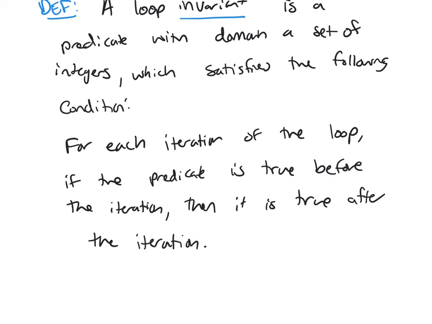So again, this idea kind of connects to induction. It connects to induction because you're saying if it's true for one value, then it's true for the next value. So in this case, we're talking about iterations instead of values, but if it's true for this one, then it's true for the next one. All right, so next time we'll go into more detail about these loop invariants.